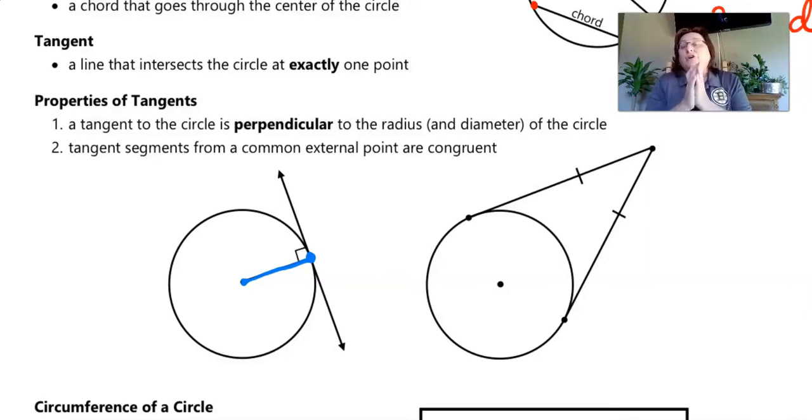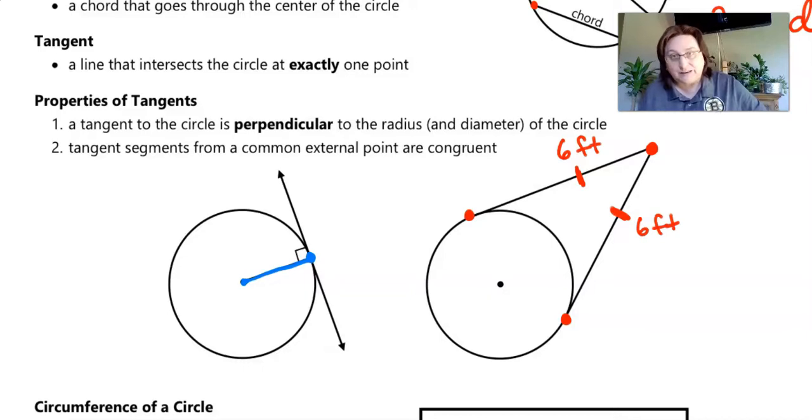Now, here's a new one for you guys. If we have 2 tangent segments that touch the same circle, so right here it touches, right here it touches, 2 tangent lines, and both of those tangent lines come from the exact same point, then these 2 tangent lines have to be congruent. So that means that if this side length is, we'll say 6 feet, then this side length is also 6 feet.